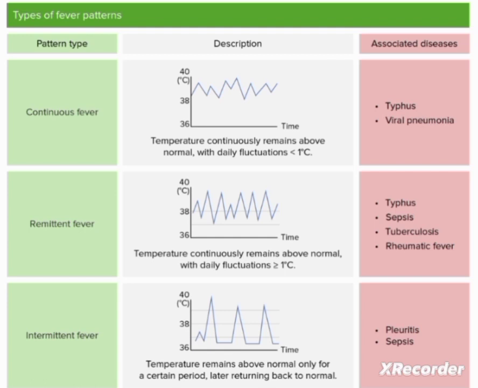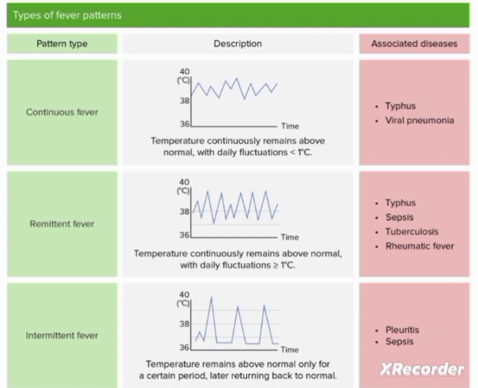Next one, intermittent fever. In intermittent fever, the temperature rises from normal or subnormal to high fever and back at regular intervals. The interval may vary from a few hours to 3 days. Usually the temperature is higher in the evening than in the morning.